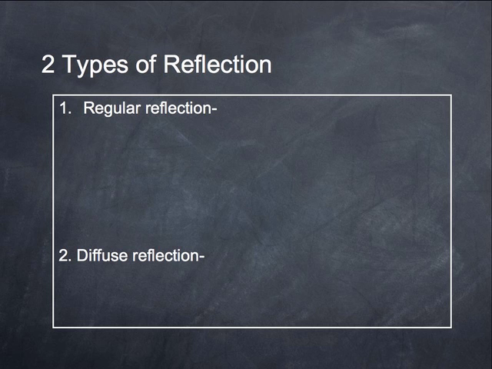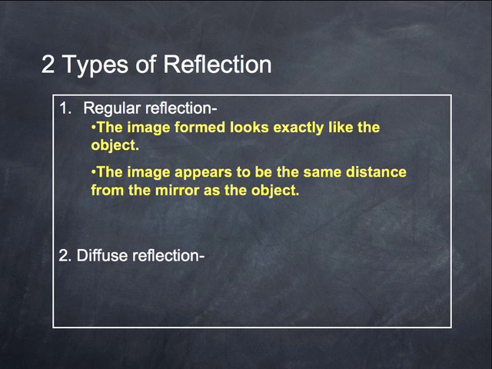All right, two types of reflection. We already talked about this. A regular reflection, like on a flat mirror in your bathroom, shows an image that's almost exactly like the original, except it's flipped right to left.